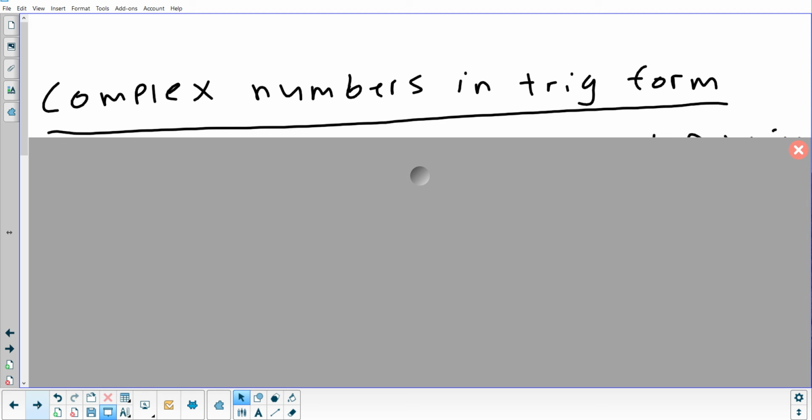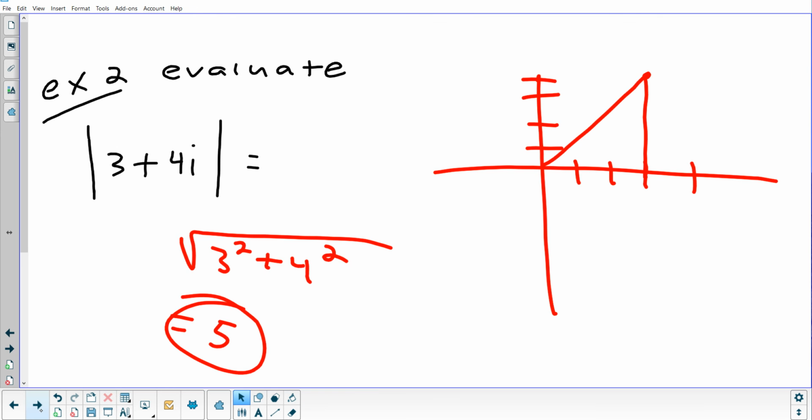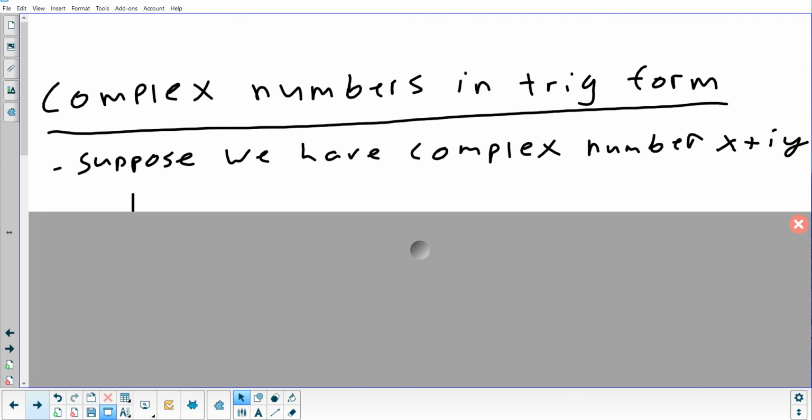So, now let's take a look at how we write a complex number in trig form. Instead of using a and b to represent the real and the imaginary part, I'm going to start using x and y. I think it'll be easier to remember. If I use x, you'll remember, oh yeah, that's horizontal, and y is vertical. So let's say you had a complex number that was x plus iy.